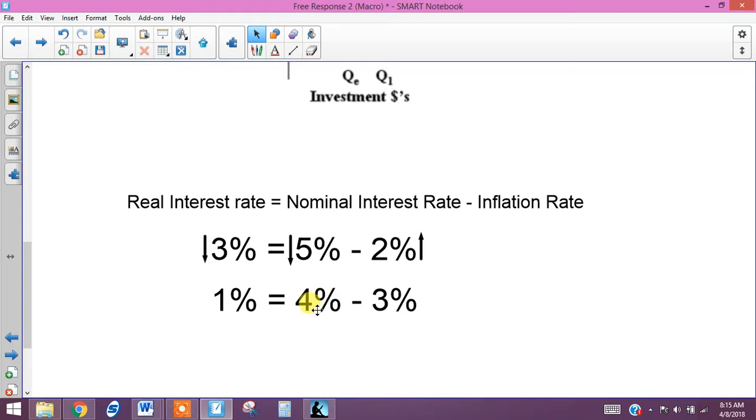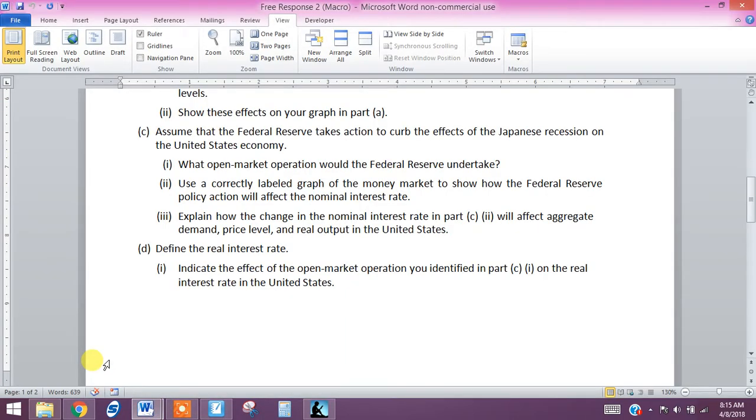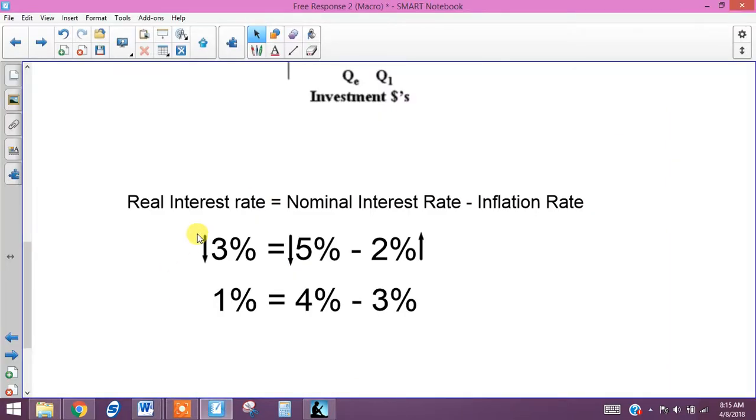So you define the real interest rate by simply stating that real interest rate equals nominal interest rate minus the inflation rate.